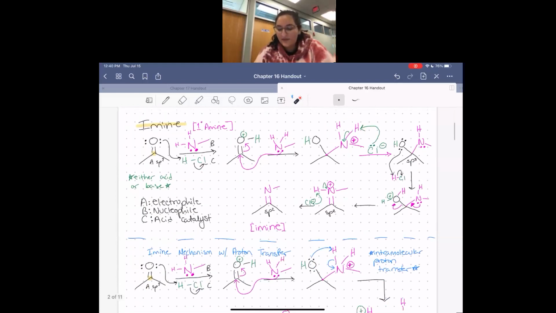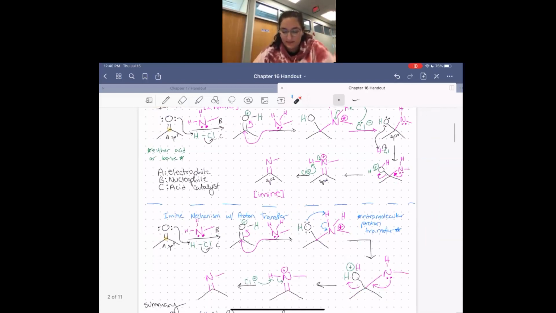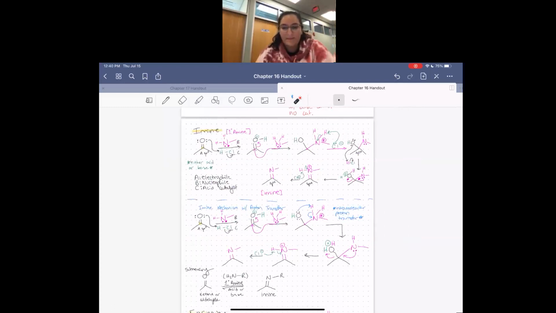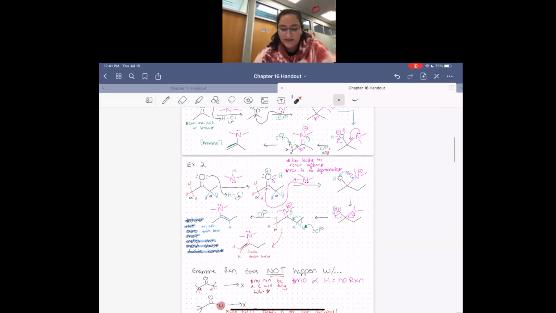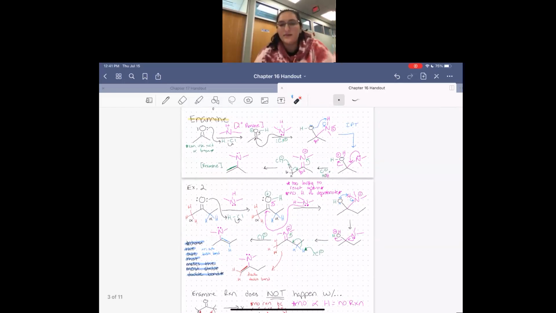The imine reaction keeps the double bond at the end. And let me zoom out so you can see both mechanisms. So the imine keeps the double bond at the end. The enamine does not keep the double bond at the end.